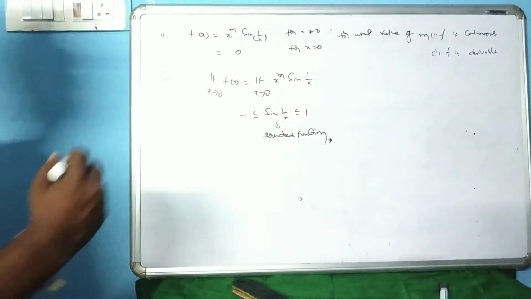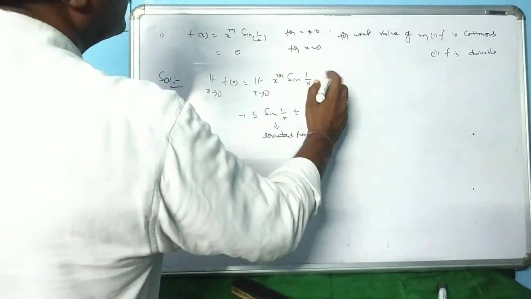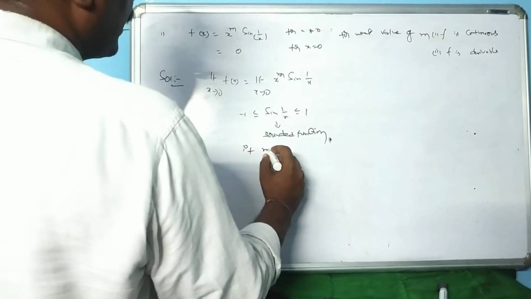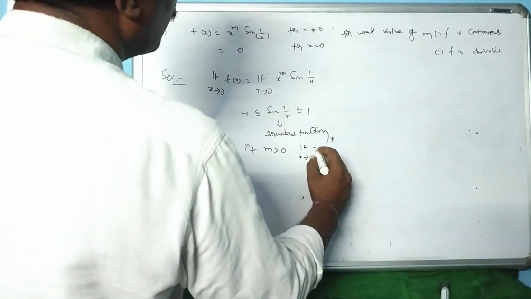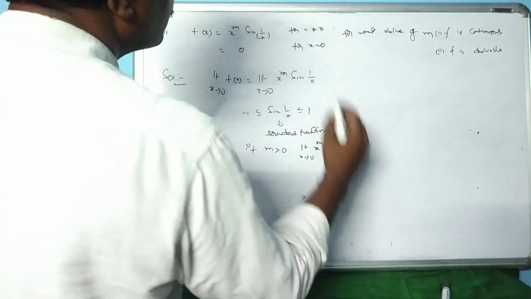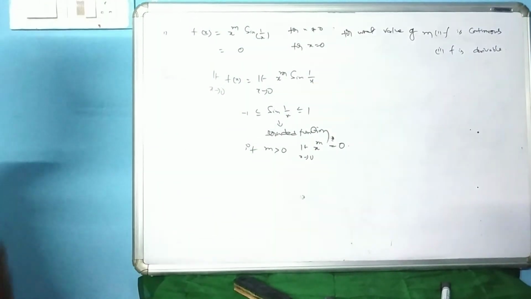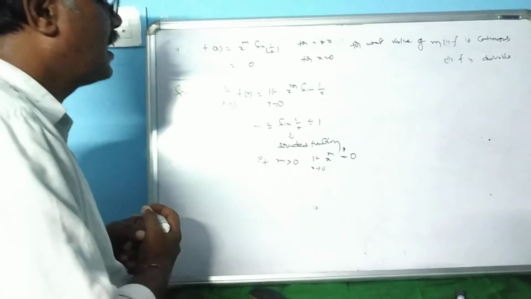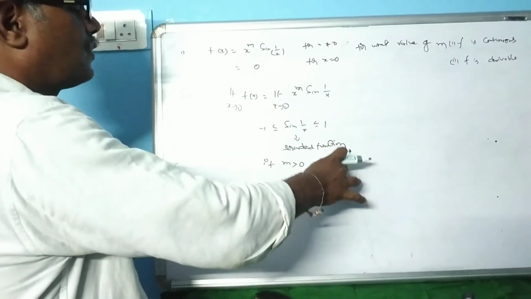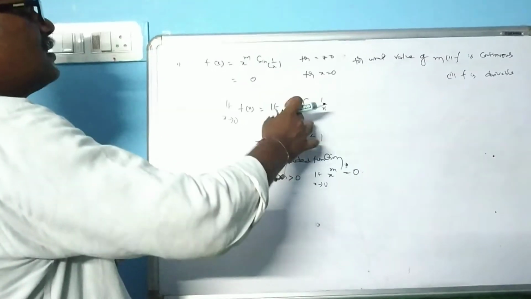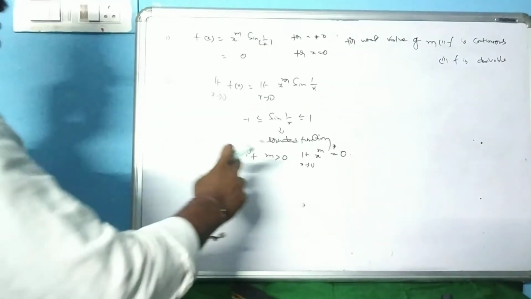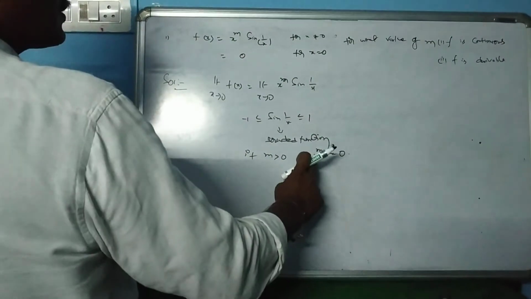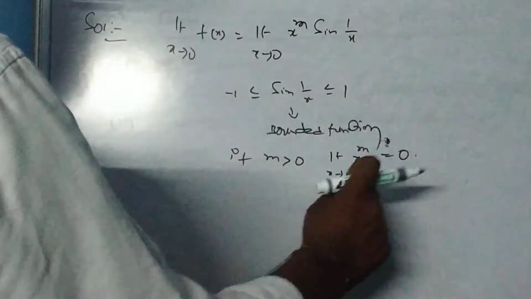If m is greater than 0, the limit as x tends to 0 of x^m becomes 0. If m is less than 0, this becomes 1/x, which goes to infinity. That is why if m is greater than 0, the limit of x^m is 0.